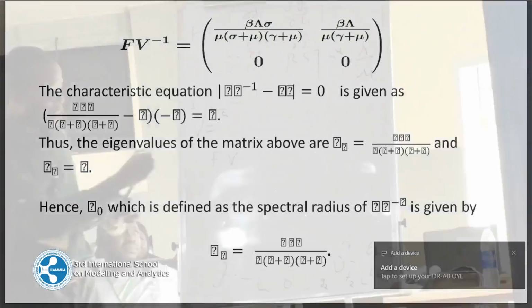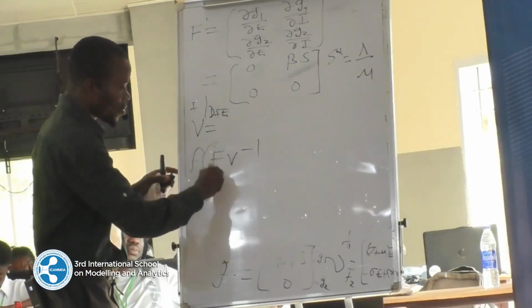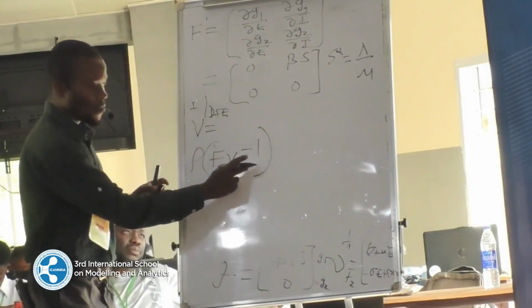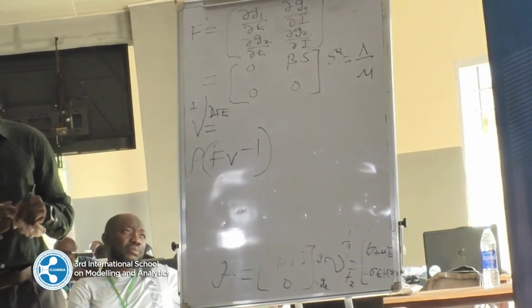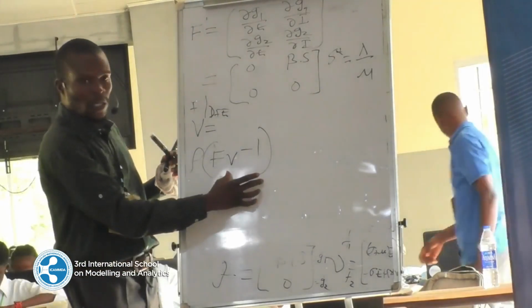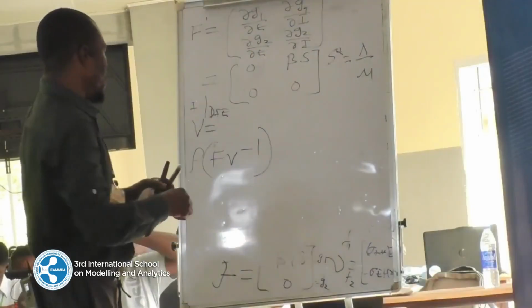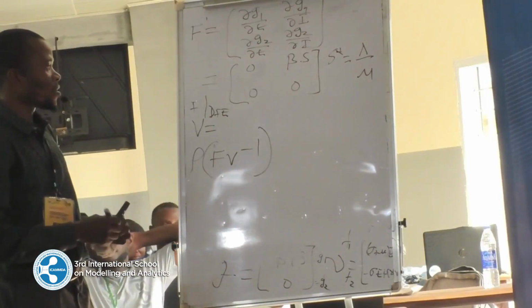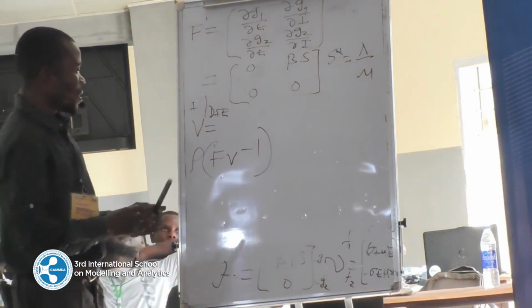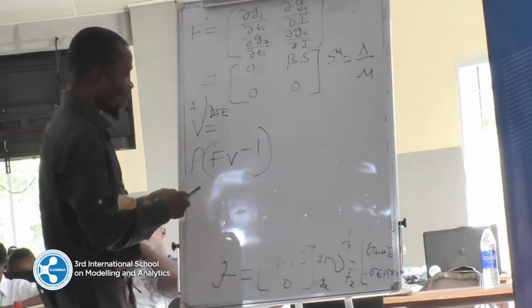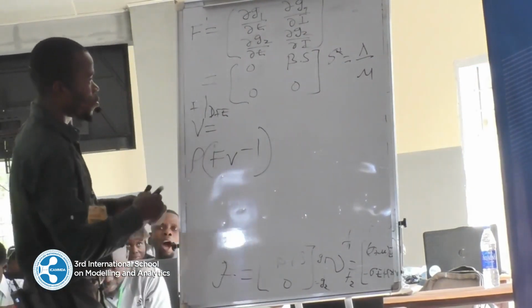That is the spectral radius of this next generation matrix. If we are able to find this matrix and determine its dominant eigenvalue, then we can deduce what our basic reproduction number is.